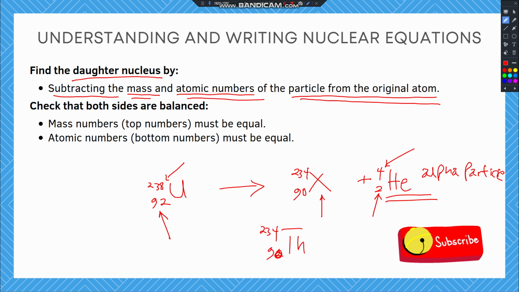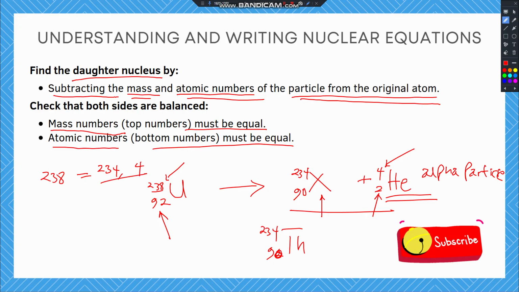So after you have done this, you are to check that both sides are balanced. The mass numbers must be equal on both sides, and the atomic numbers must be equal on both sides. So that means when you take the mass number on the left side, which is 238, it must be equal to the sum of the mass numbers you have on the right side. On the right side, we have 234 and we have 4.